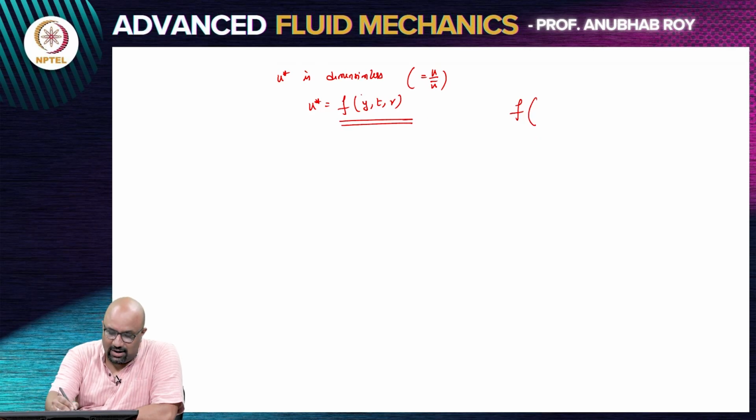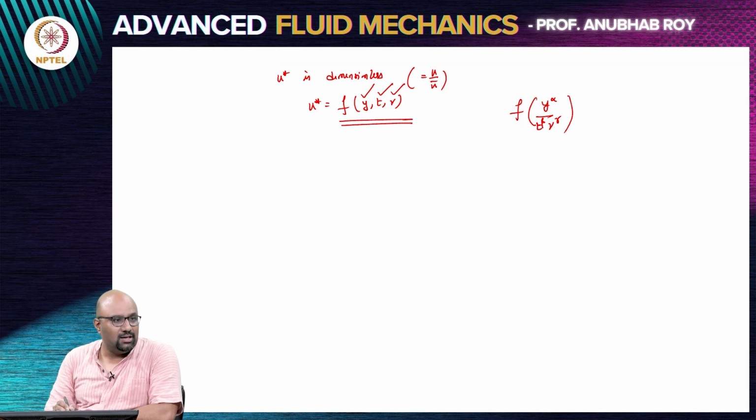You have these variables, the spatial coordinate y, the temporal coordinate t and kinematic viscosity. What I am saying is that the function of these three variables is a dimensionless function, which means that function will involve some combination of these quantities such that that argument is dimensionless. The argument cannot be a dimensional function.